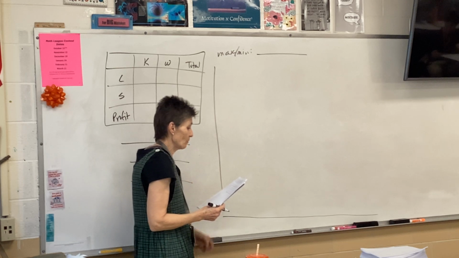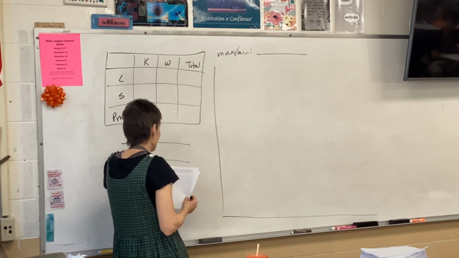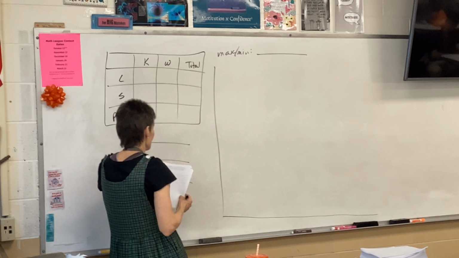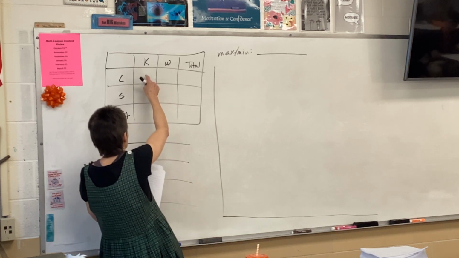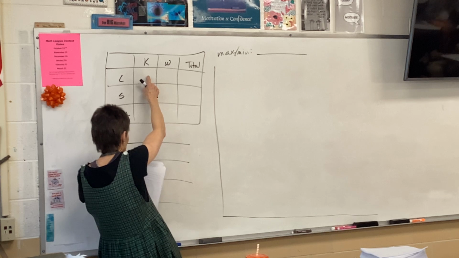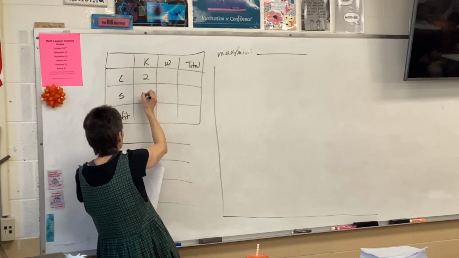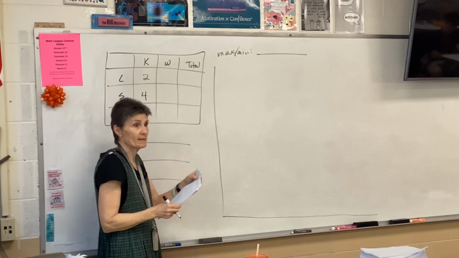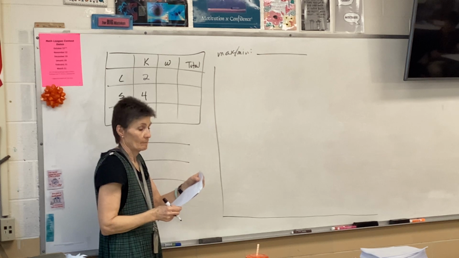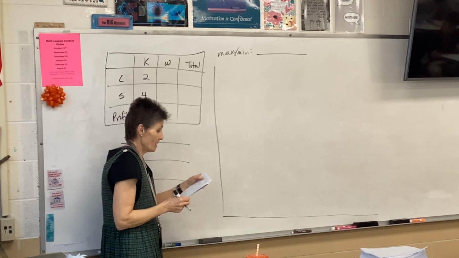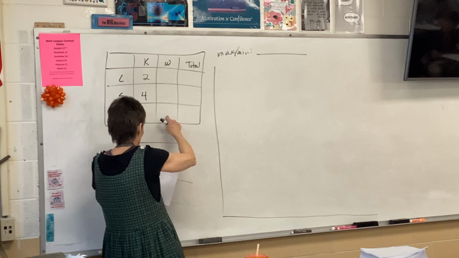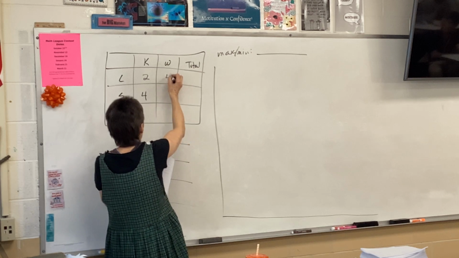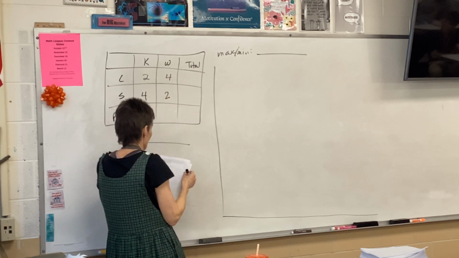Takes a tailoring firm 2 hours of cutting and 4 hours of sewing to make a knit suit. So knit suit, 2 cutting, 4 sewing. Do those 2 numbers make sense to you? And then a worsted suit, it takes 4 hours of cutting, 2 hours of sewing.